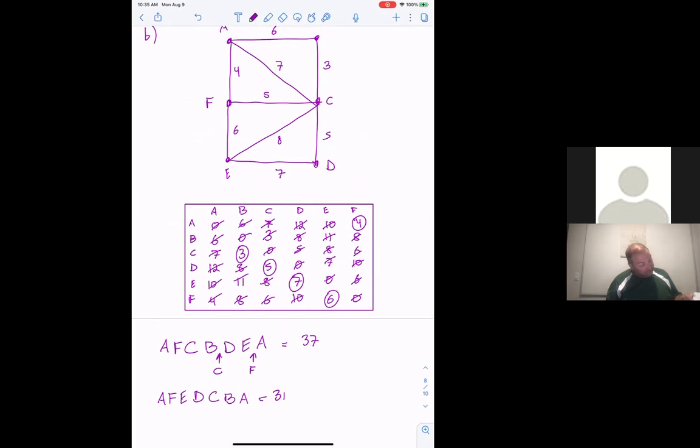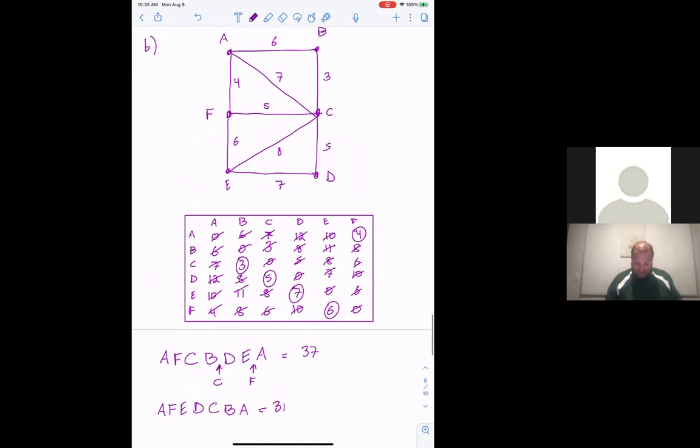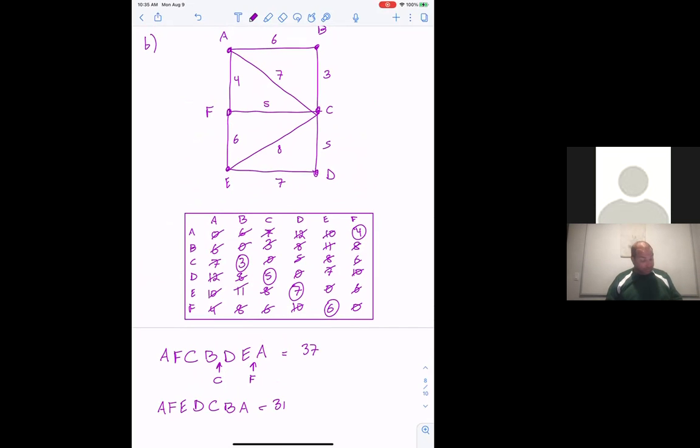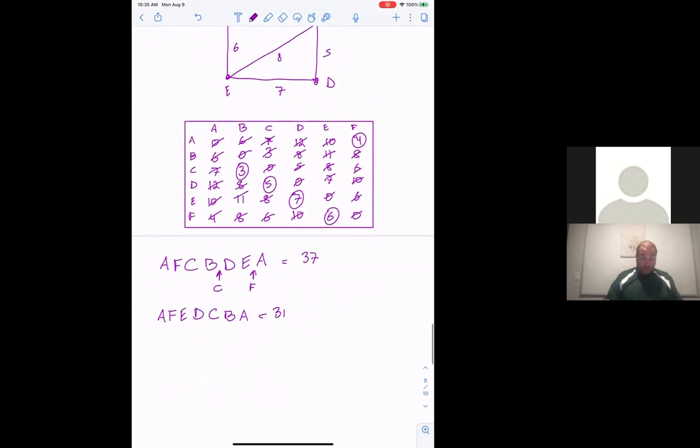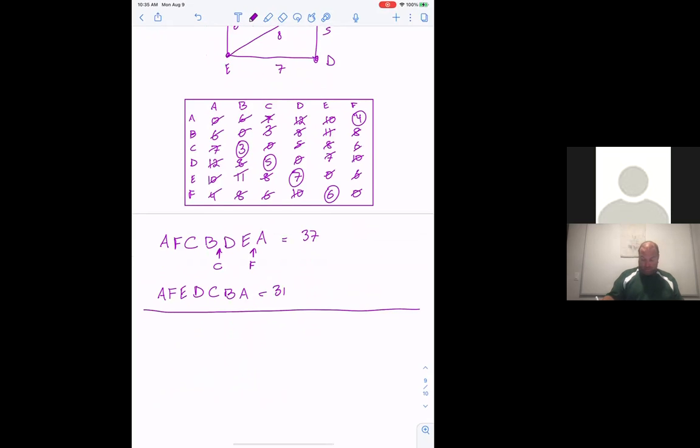A, F, C, B, D, E, A. But what about A, F, E, D, C, B, A: 10, 17, 22, 25, 31. The book is wrong again. Oh, unless I am wrong, but I don't think I am. Then again, nobody ever thinks they're wrong until they're proven wrong. 10, 17, 20, 31 looks good.